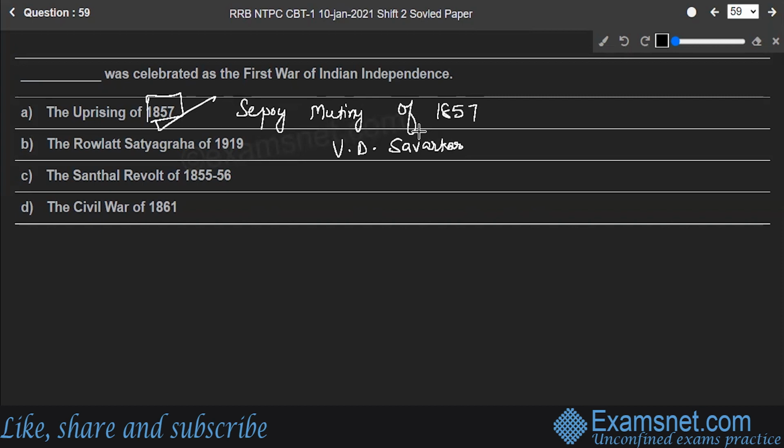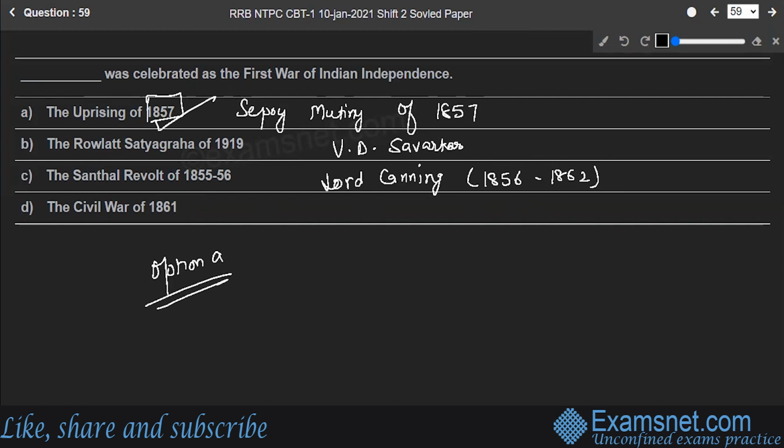He authored a book called The History of War of Indian Independence, in which he stated his views and announced the mutiny as the first war of Indian independence. Lord Canning, 1856 to 1862, was the Governor General of India, Viceroy of India during this revolt. So we have option A, uprising of 1857, as the correct answer to the question.